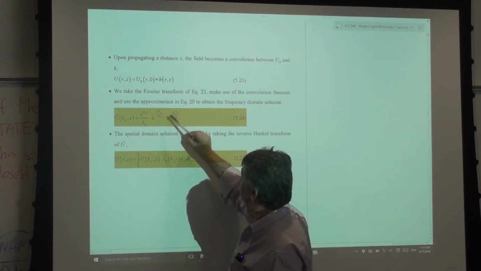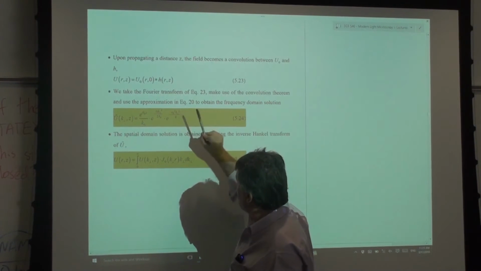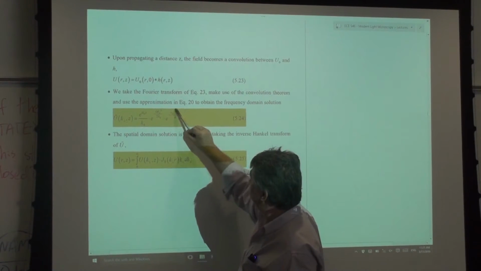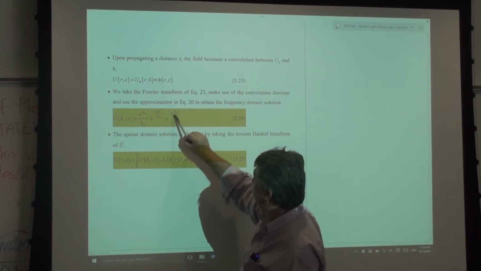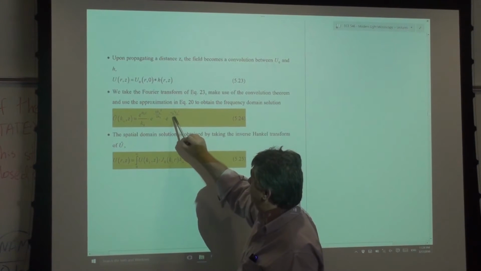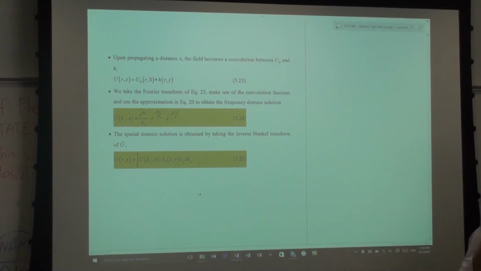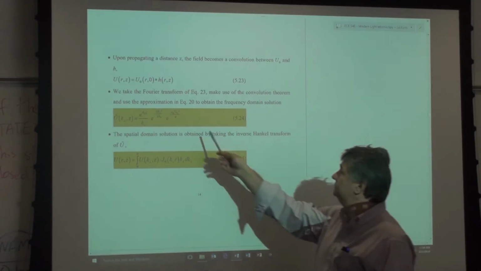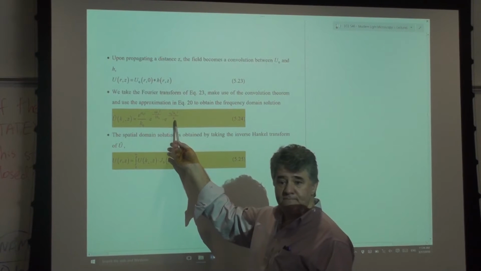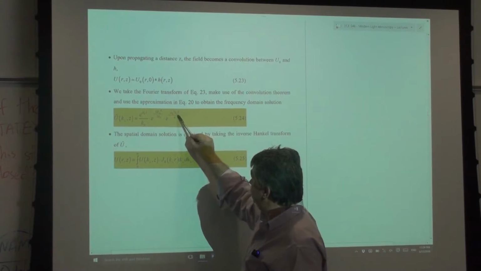So I take my field, my input field is this, e to the minus W squared, so the W naught goes at the top, and because we didn't put the 2 in the beginning, we now get the 4 in the bottom. So this is my input field in the frequency domain.